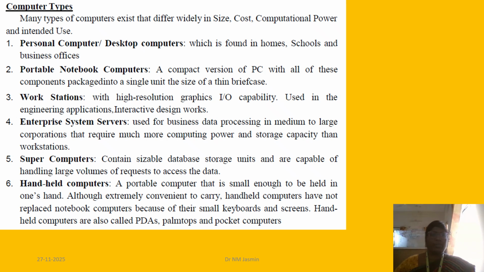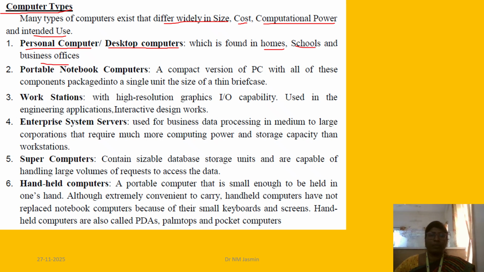And if you see the computer types, the types of computers differ widely in size, cost, computational power and the intention of usage. The first one is the personal computer, also called the desktop computer. This is usually found at homes, schools and business offices.